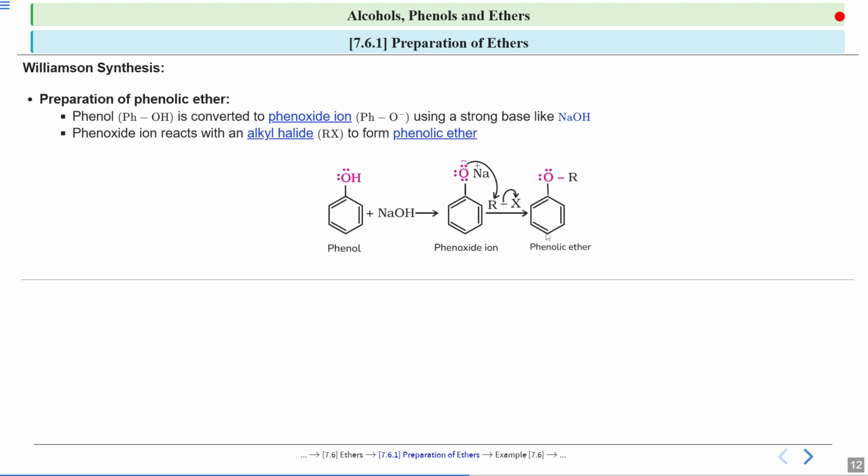This is a phenol ring to which an ether group is attached. So your phenol is converted to phenoxide ion using a strong base, sodium hydroxide, and then this phenoxide ion reacts with your alkyl halide. Na plus and X minus leave and you get your phenolic ether.